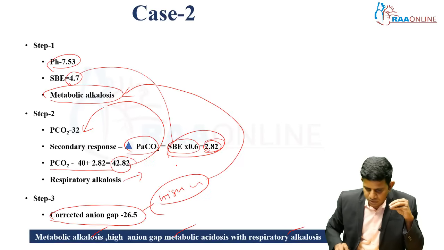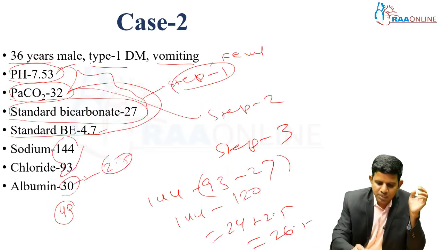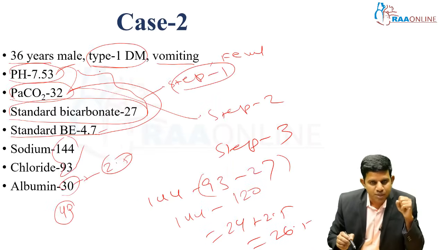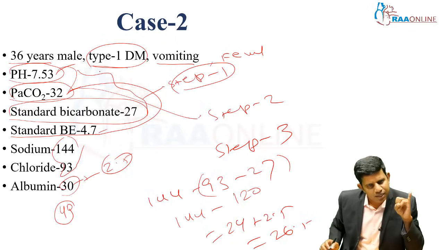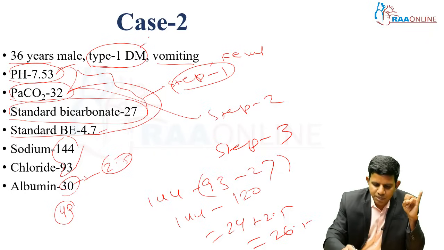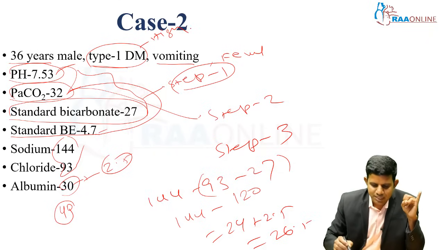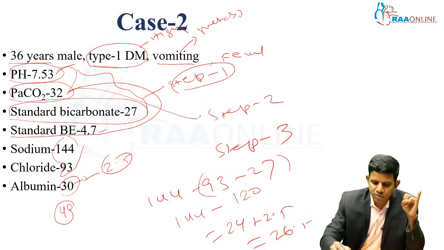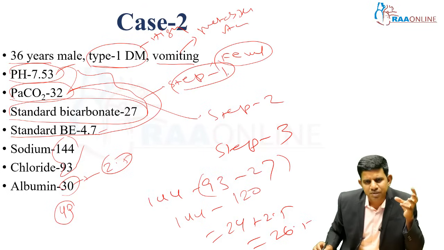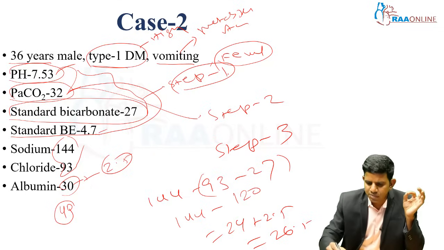You see, what is seen here? If the patient comes with type 1 diabetes mellitus, this patient might have high chances of having high anion gap metabolic acidosis. Second, this patient has vomiting. So, this patient has a metabolic alkalosis. Third, the patient has some amount of fever and a sepsis component also, which may cause slight tachypnea or acute lung injury, leading to respiratory alkalosis.